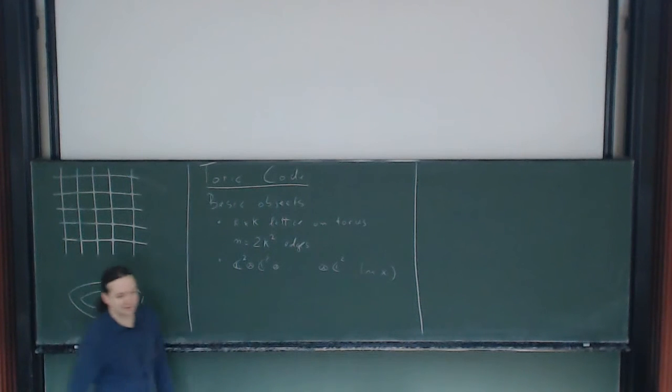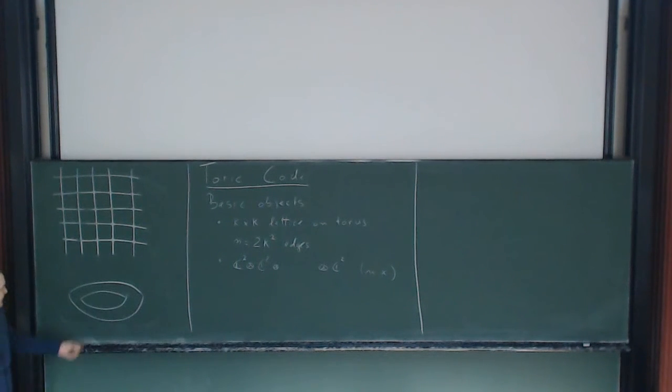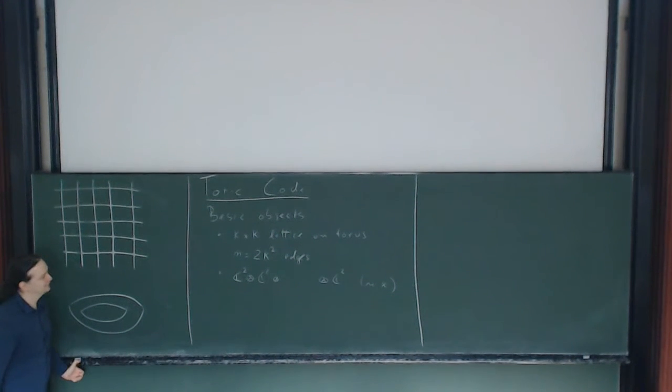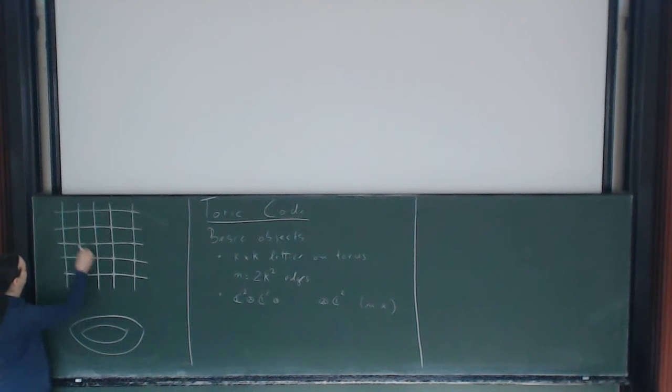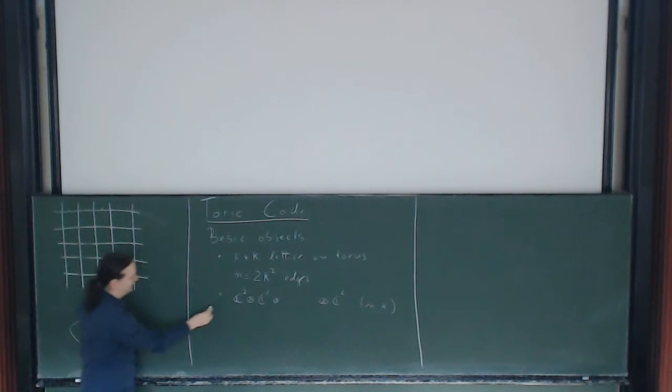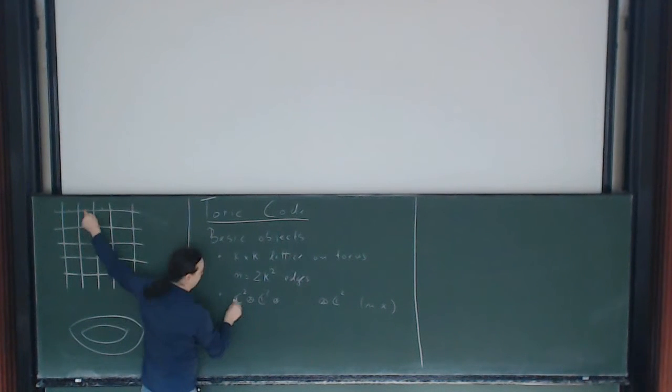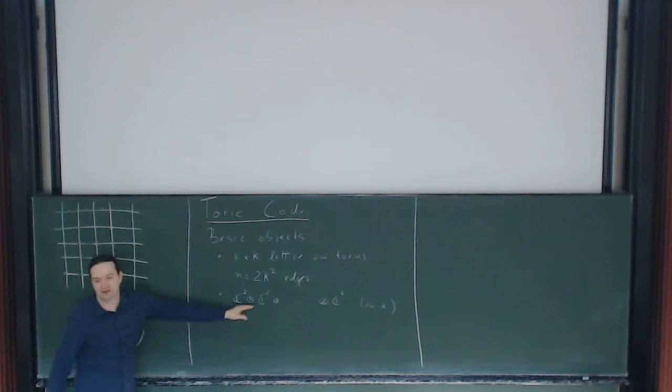And the way I think about it, and the physicists think about it, is that the individual C2s live on these edges. Right? There's a C2 attached to every edge. And if you think that's a bit bizarre, you can also just label all the edges 1, 2, 3 in some way, and then the ith edge would refer to the ith factor in this tensor product.